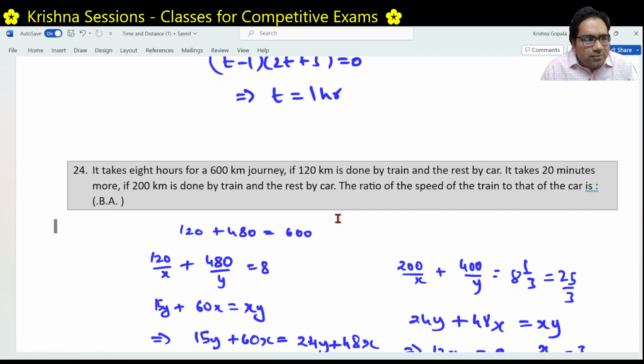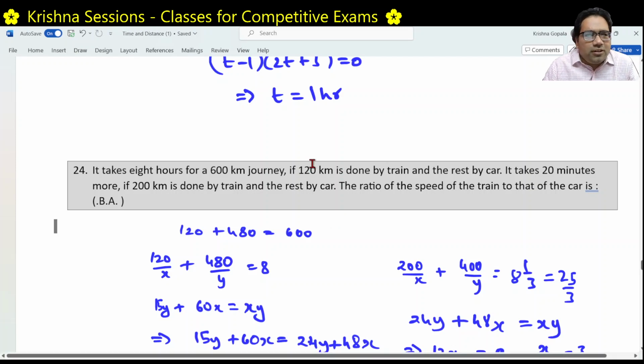If you go Bangalore to, let's say, Mumbai in flight and Mumbai to Amritsar in train, versus Bangalore to Delhi in flight and Delhi to Amritsar in train, the more distance you travel in flight, the journey would be much faster, right? Ideally, you want to travel most of your distance in the faster mode. So in this case, if he is traveling 200 kilometers instead of 120 kilometers in train, he is actually getting slower. That means train is slower than the car, right?